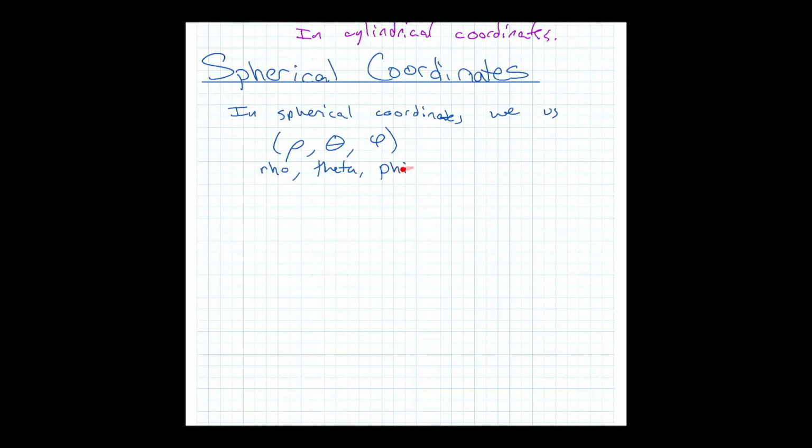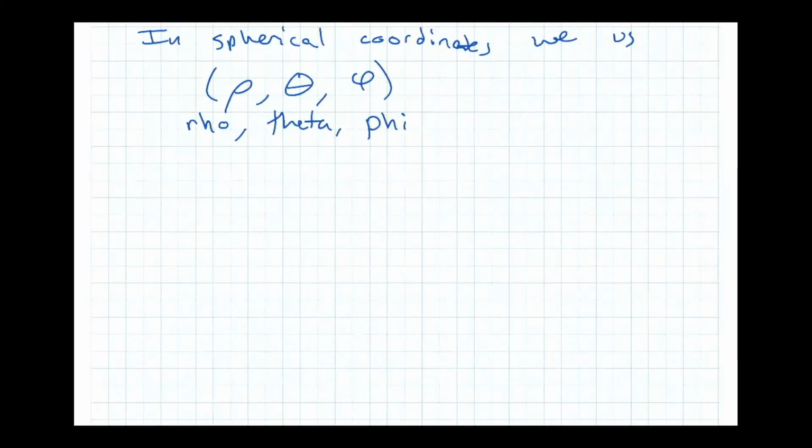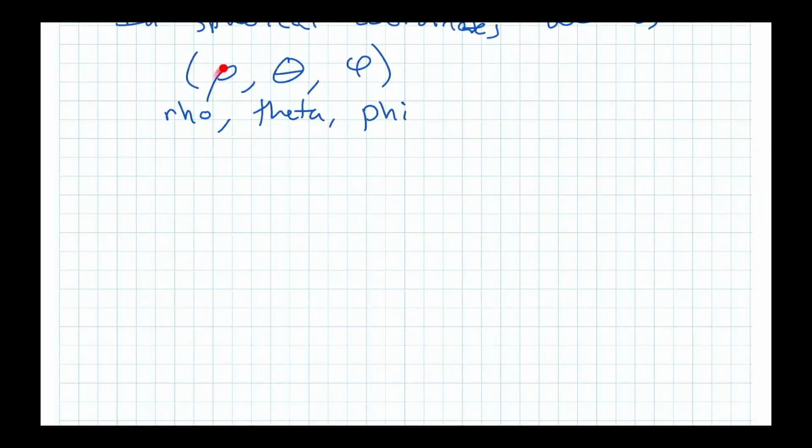Some people say phi, and some people say phi. Don't ask me which is correct. Most English speakers say phi. I'll probably mix them up all the time. But rho, theta, phi.